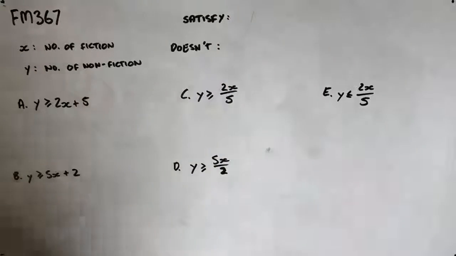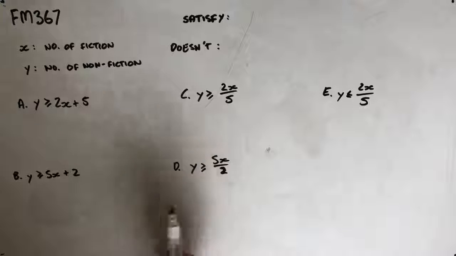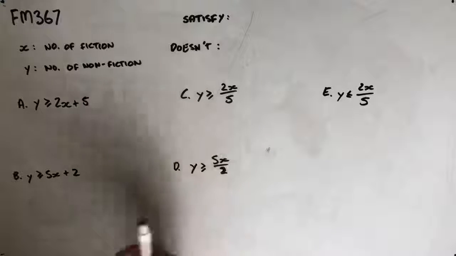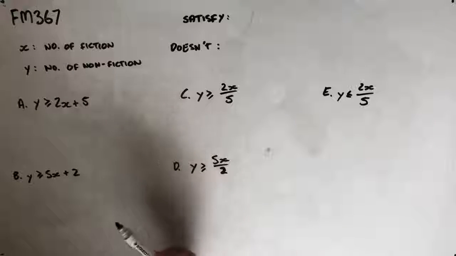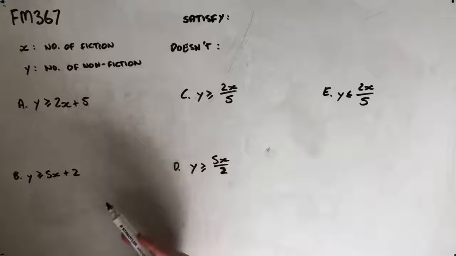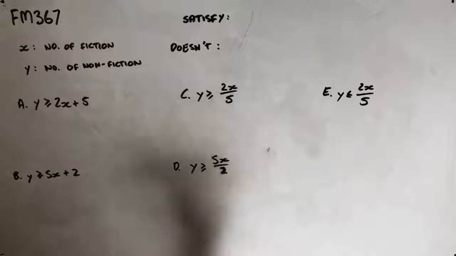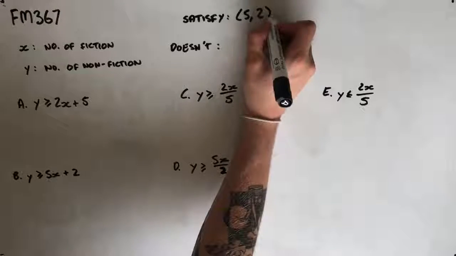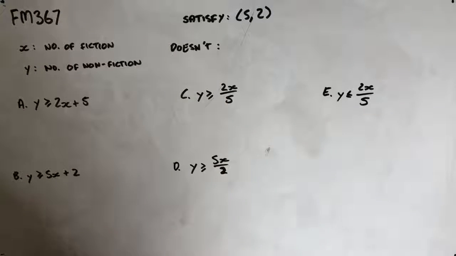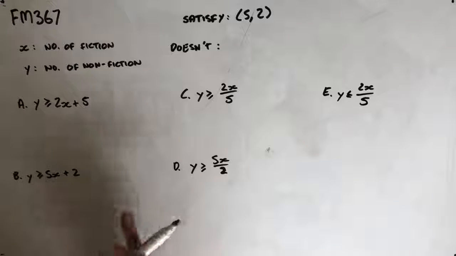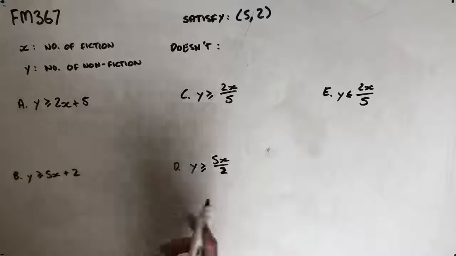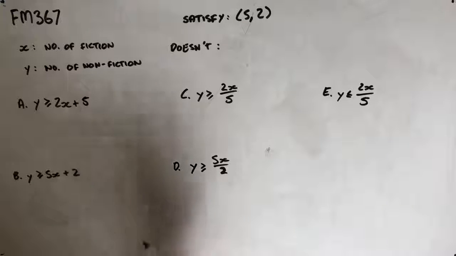A condition that just satisfies the inequality we're looking to find is that if Noah has 5 fiction books, then he's going to have at least 2 non-fiction books. So 5 fiction and 2 non-fiction is right on the edge of what's allowed by our inequality, so that should satisfy it.